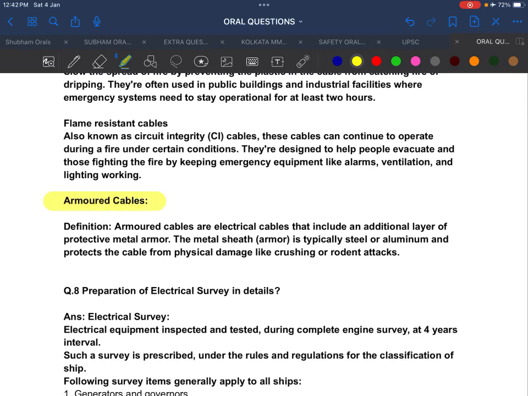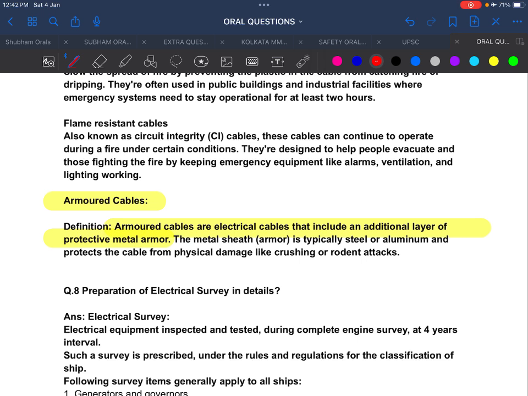And what is the armored cable? Armored cables are electrical cables that include an additional layer of protection of metal armor. That is nothing but a metal protection provided onto the cable that protects from mechanical damage and physical damage. Let's suppose the cable is passing from somewhere and something falls down onto the cable.